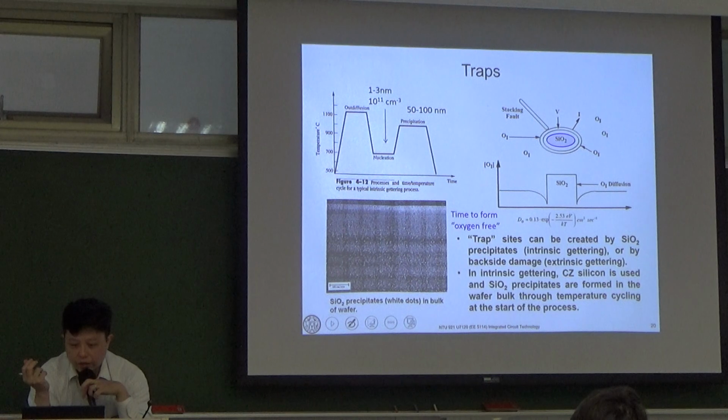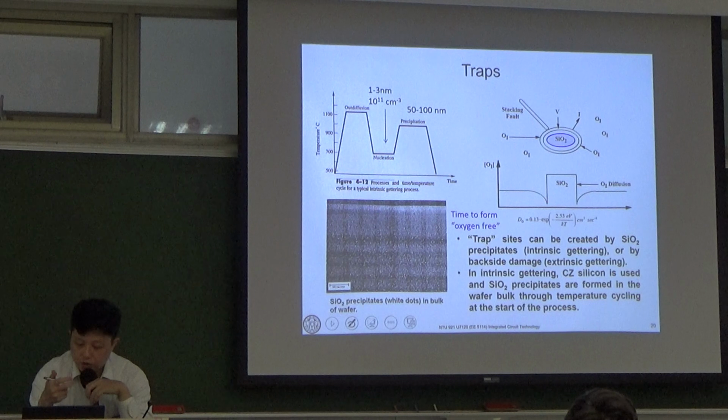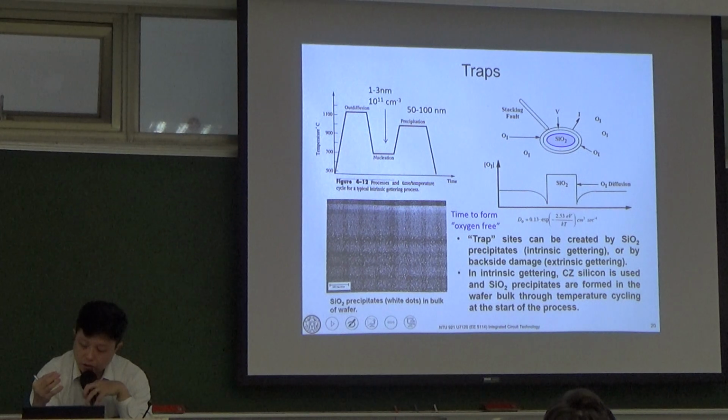So those desired sites or traps, one is created by silicon dioxide, as I just mentioned during the CZ growth process. Inevitably we have to incorporate this oxygen, and at high temperature they will form silicon dioxide inside the material. And this oxide, remember we have seen these figures, right?